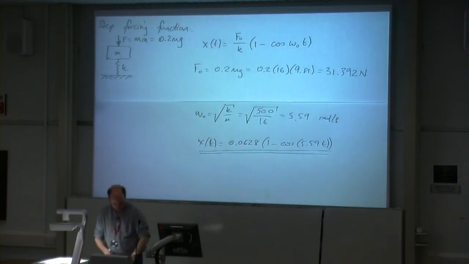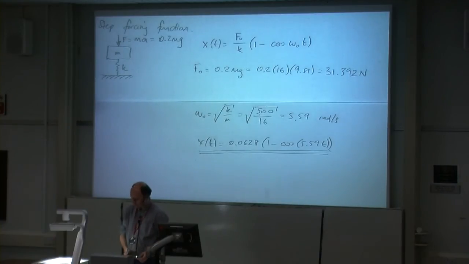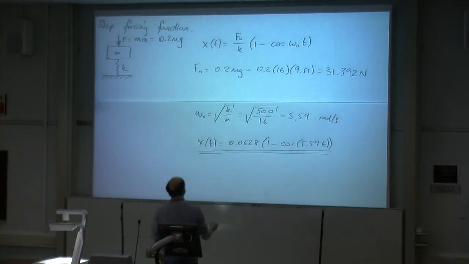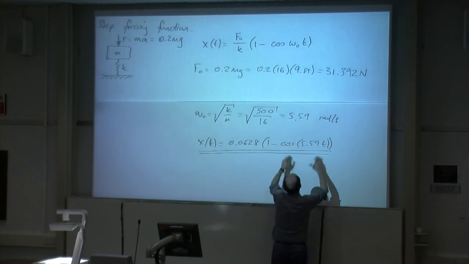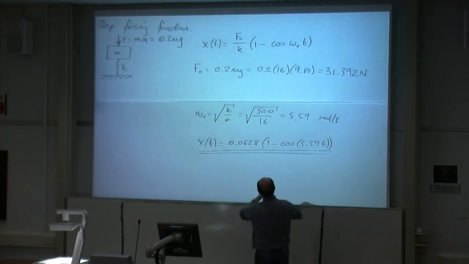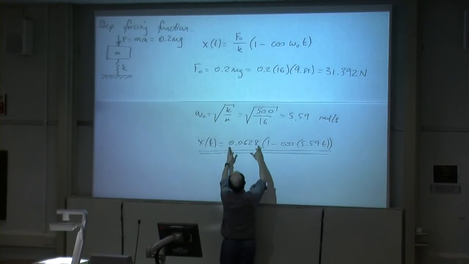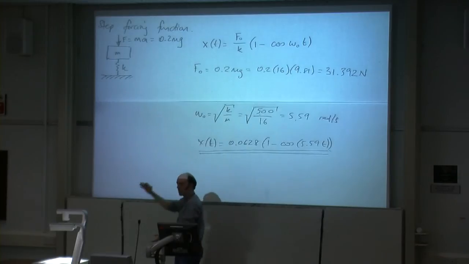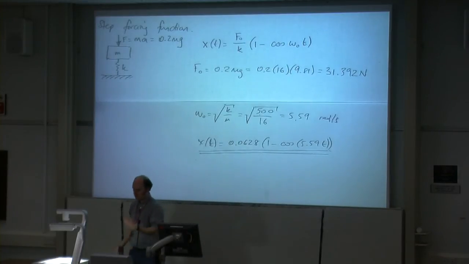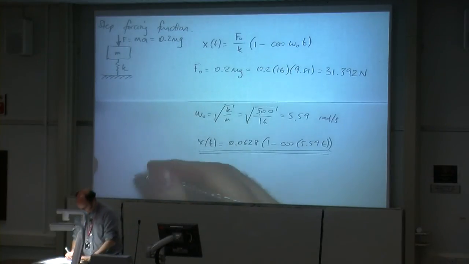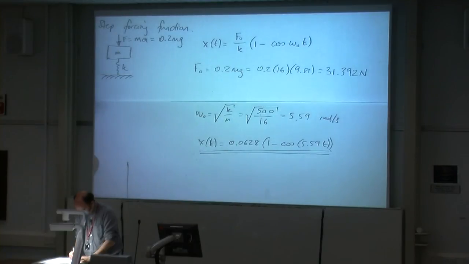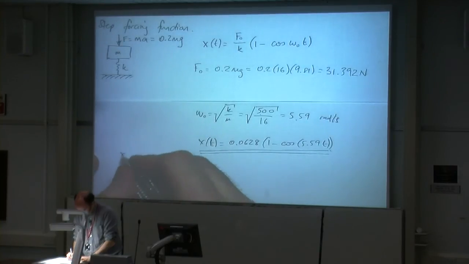Now there's two ways you could approach the sketch. You could start and build it up. First you do cosine of 5.59t, minus cosine is obviously the flipped over, 1 minus it shifts the whole thing up by 1, and then multiplying by 0.0628 multiplies everything by 0.0628. I shall just go straight for the solution. So, as a function of time, here's our x of t.